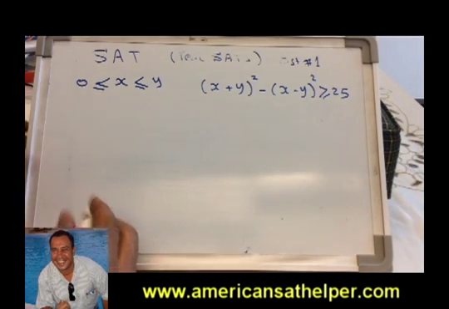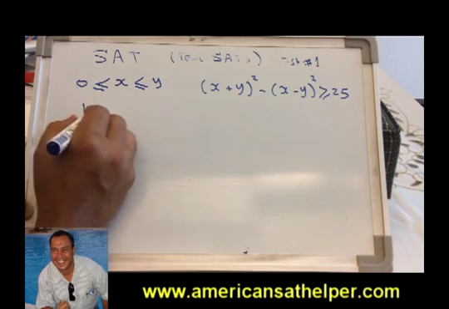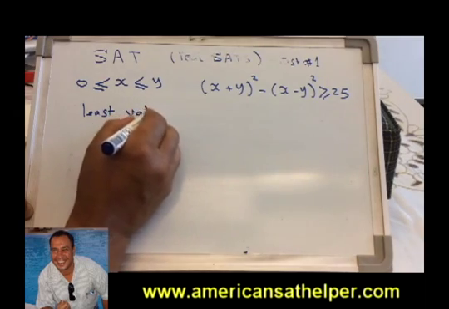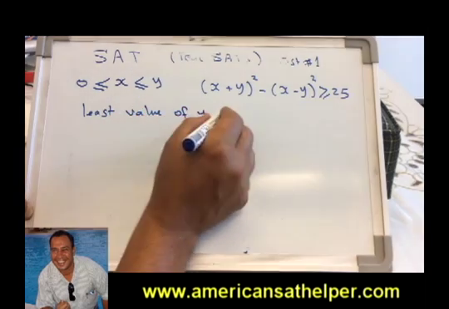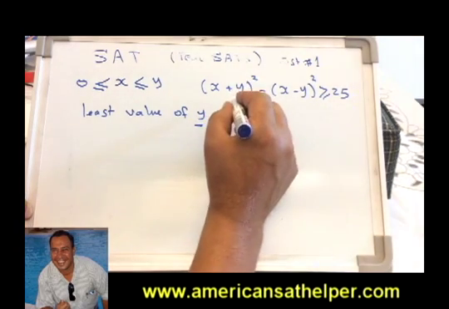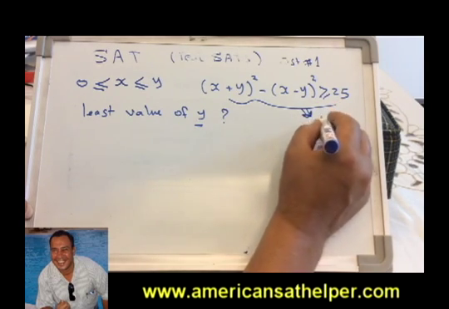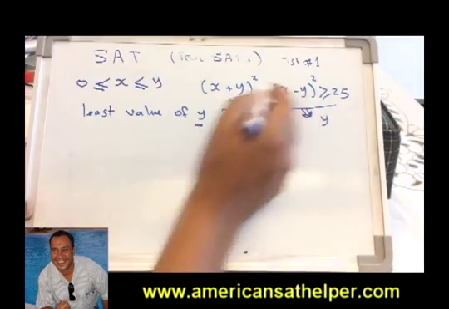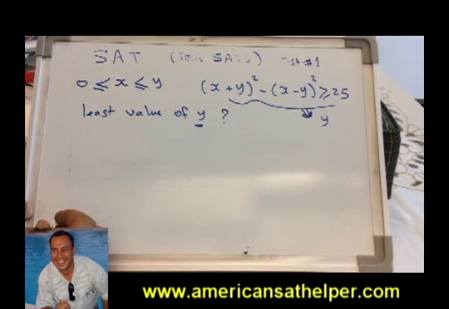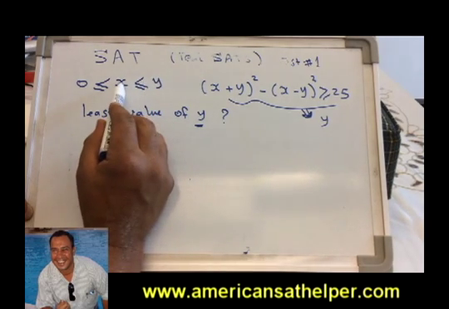Good. What he is asking about is the least value of y. So he's asking about y. So we have to put only the variable y in the inequality. We have to get rid of the variable x. And from this inequality, y is always greater than x.